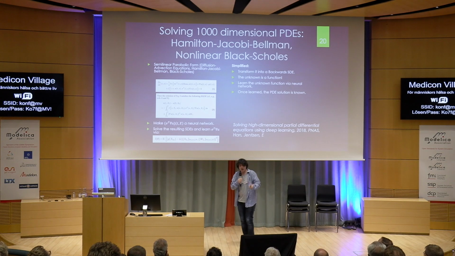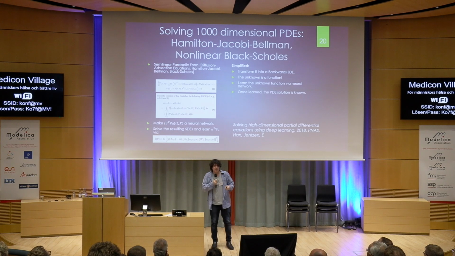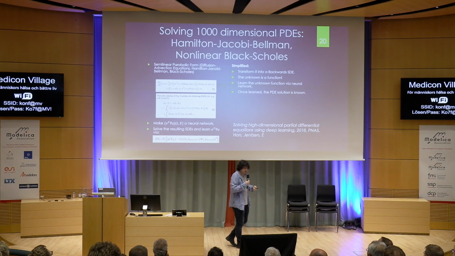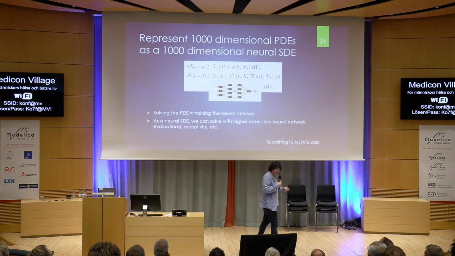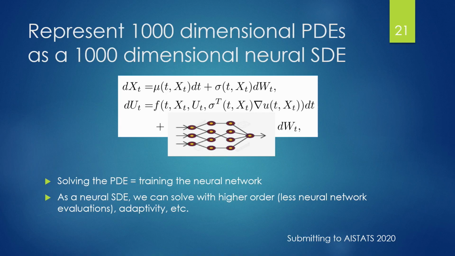And so you find the neural network that satisfies the loss function, and you have a solution to the 1,000-dimensional PDE in terms of just training a neural stochastic differential equation. So now a 1,000-dimensional PDE is just about training a neural network within a system of 1,000 SDEs. And that is something that's now doable. It only takes 1,000 times 64 bits to have one array of that size. It's now something that's actually possible to do on a computer.